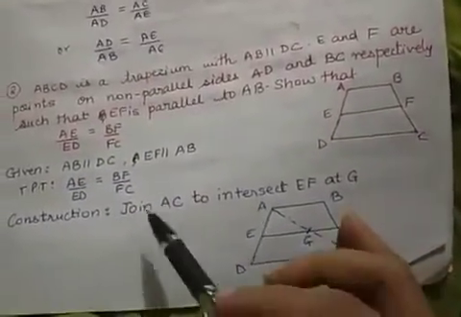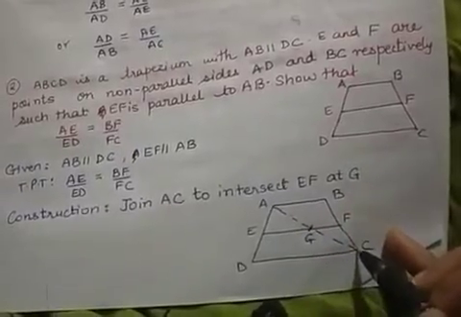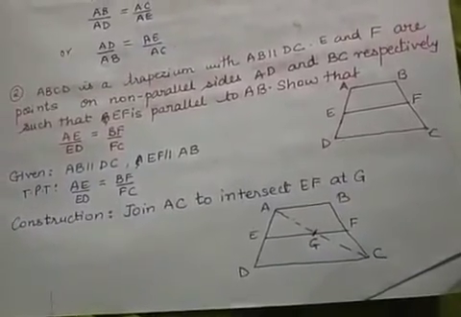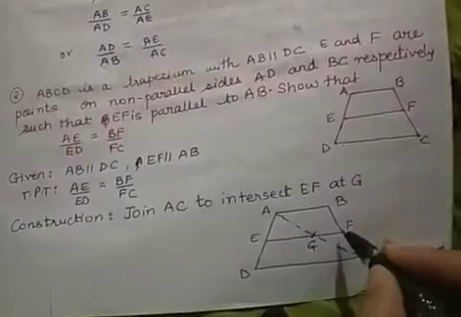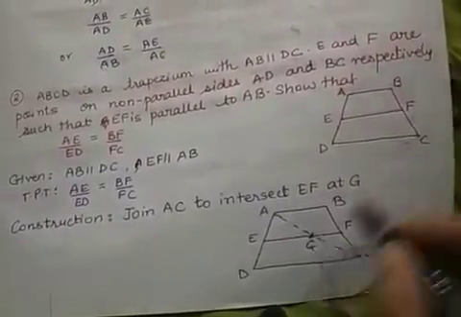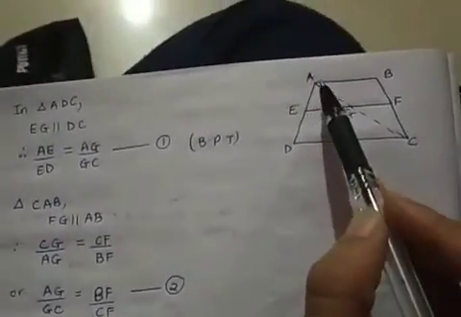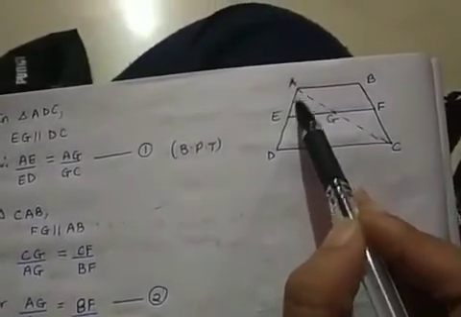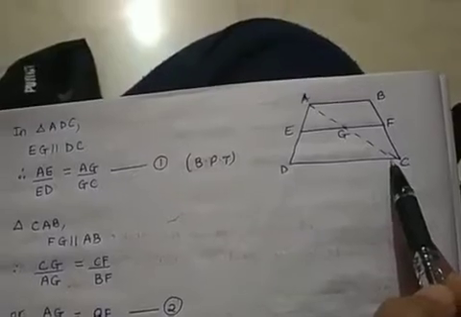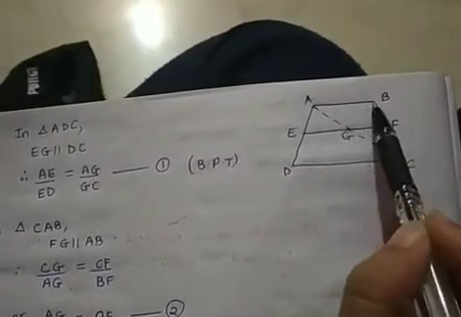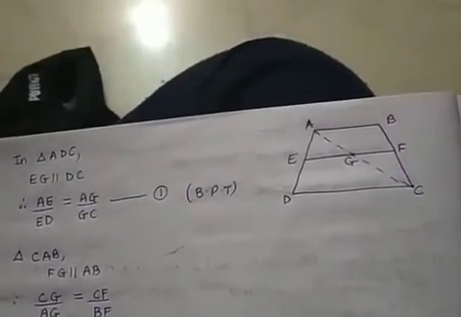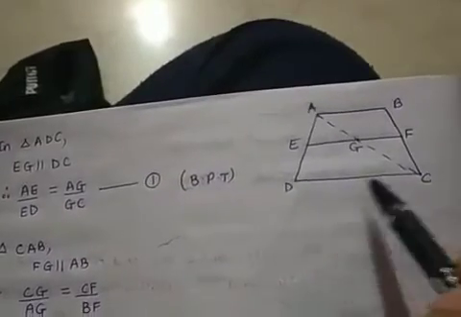So what we will do is join AC, and when you join AC, it will intersect EF at some point, and let that point be G. So we have got two triangles, triangle ADC and triangle CAB. Now let us take the first triangle, triangle ADC.